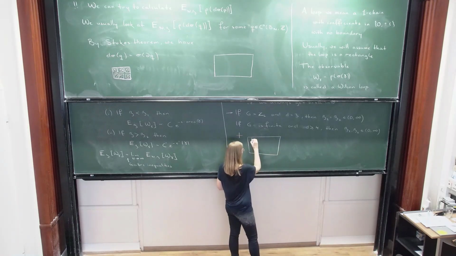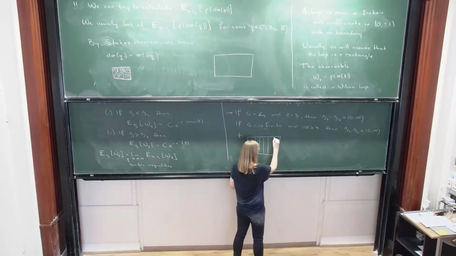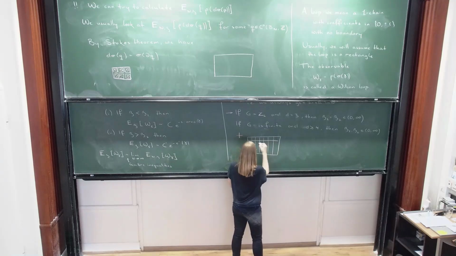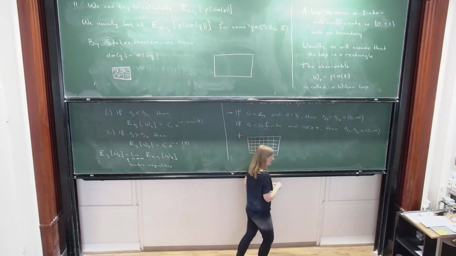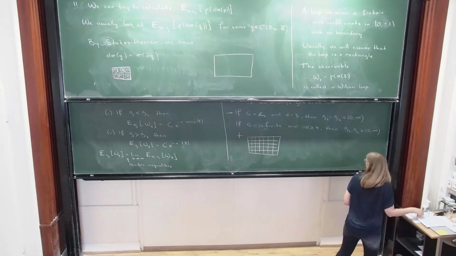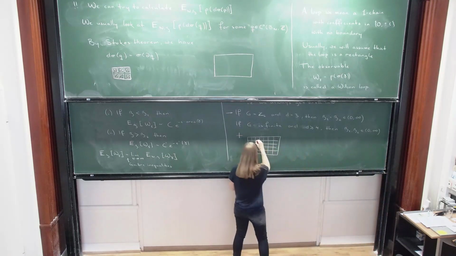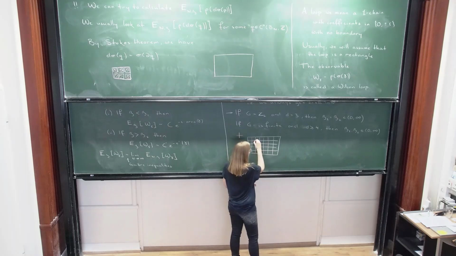So here is a lattice, a 2-dimensional lattice. You can really think about this as being 2-dimensional because I'm trying to make a 2-dimensional point. We can assume we are looking at, say, this loop. I don't want it to be too large because then this will take forever.